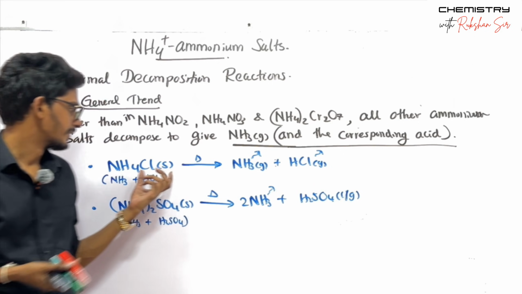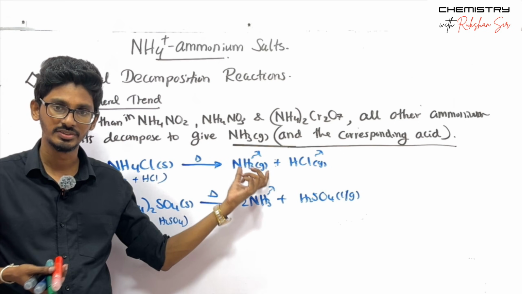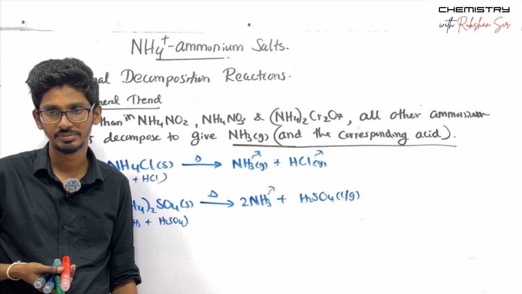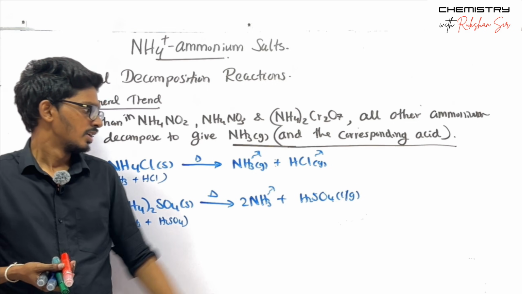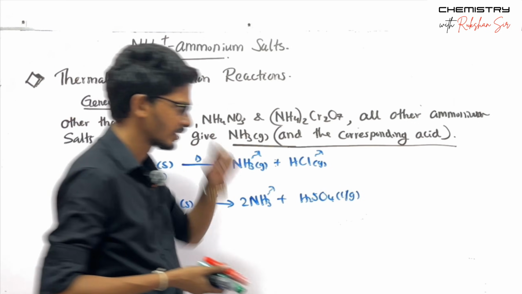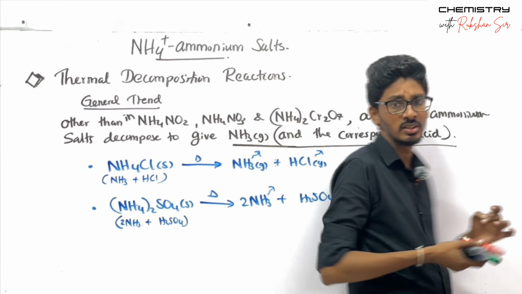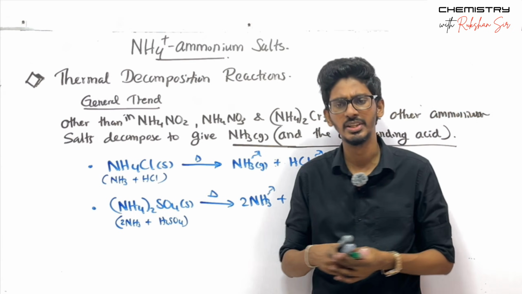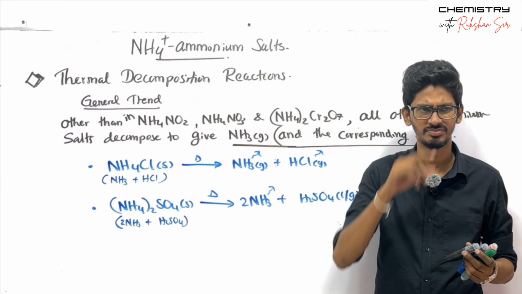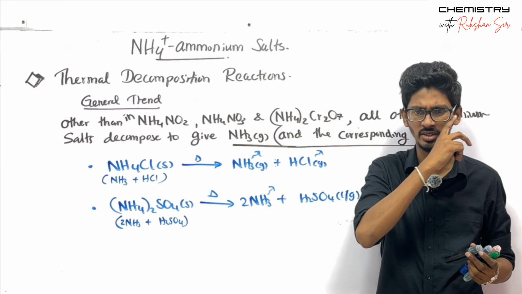So this reaction happens above 100. Definitely HCl is a gas. So with H2SO4, normally, if I am not forgetting, the boiling point of H2SO4 is around 214 or 215, something like that, right?